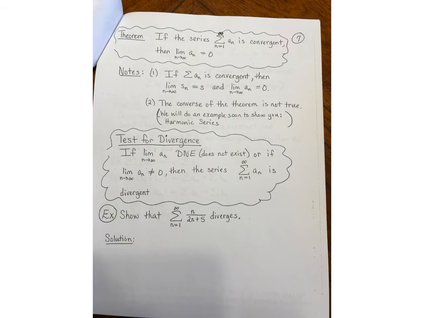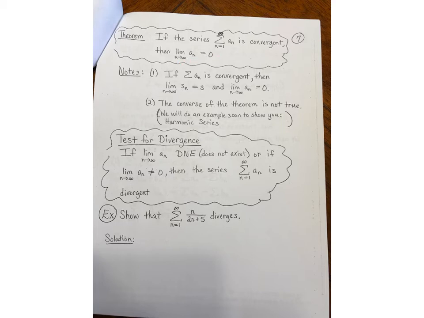So now, page 7, we are going to discuss some theorems and some results. The first theorem says that if the series, the sum of a sub n, where n ranges from 1 to infinity, is convergent, then the limit of a sub n as n approaches infinity is equal to 0.